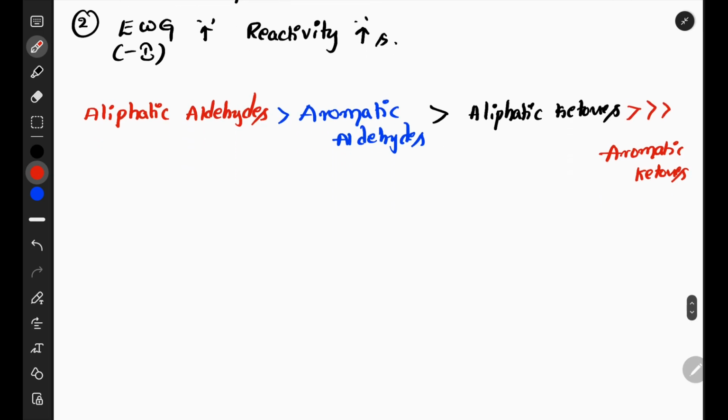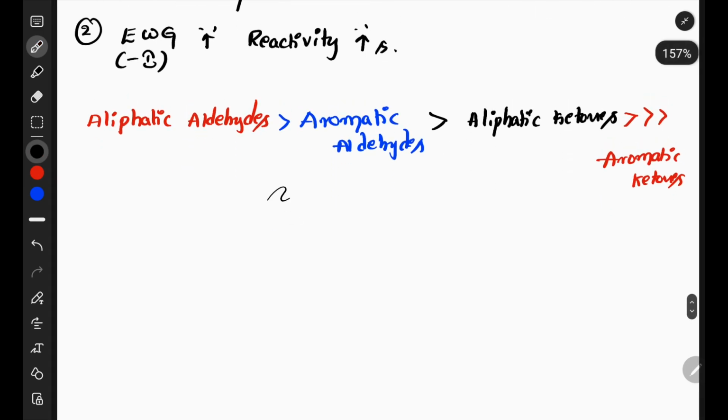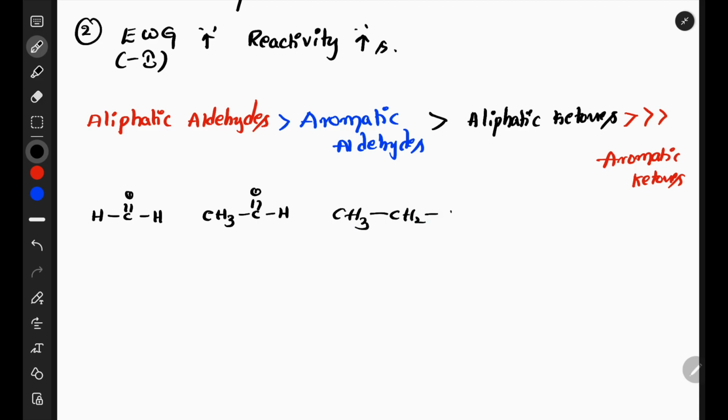For example, let me take a few examples: formaldehyde HC double bond OH, acetaldehyde CH3C double bond OH, propanaldehyde CH3CH2C double bond OH, and benzaldehyde.